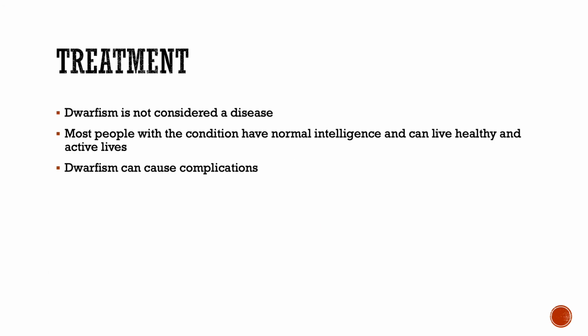With treatment for dwarfism, there isn't really a treatment because dwarfism is not considered a disease. Most people with the condition usually have normal intelligence and can live healthy and active lifestyles.